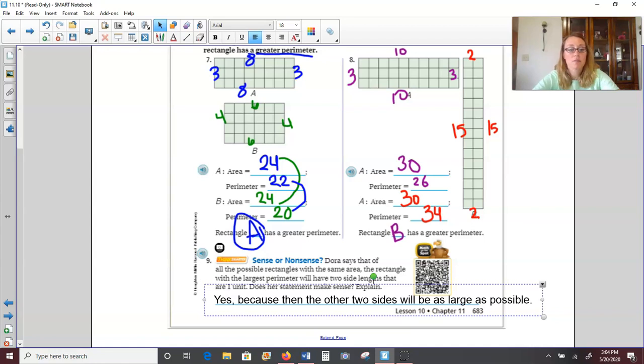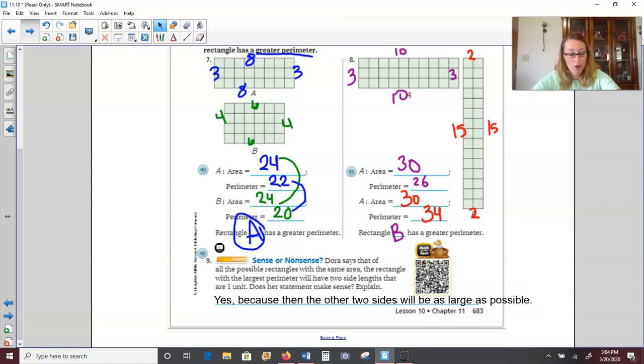And that's just going to depend on what the area should be. So if the area needs to be, let's say, 10 square feet, then the top and bottom are going to be 10, and then you're going to have 1 unit on each side. And so that's going to give you the greatest perimeter all around.